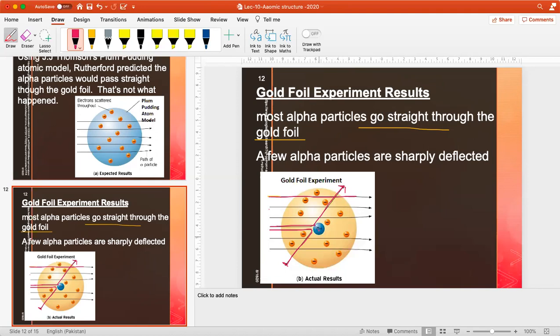Something big, heavy, with heavy mass is present inside the atom and the charge is positive. Because the negatively charged particle struck it and got deflected, it must be positive, right? So in this way the nucleus was discovered.